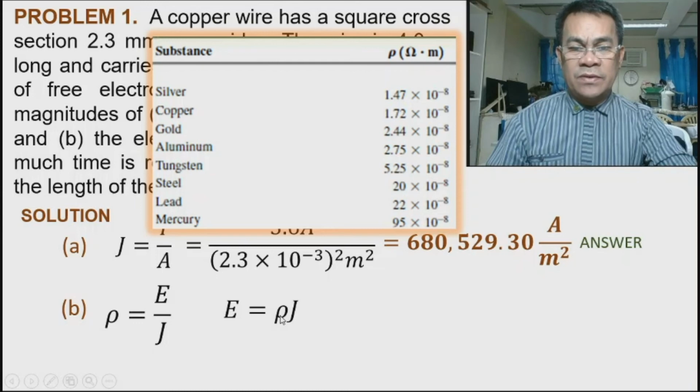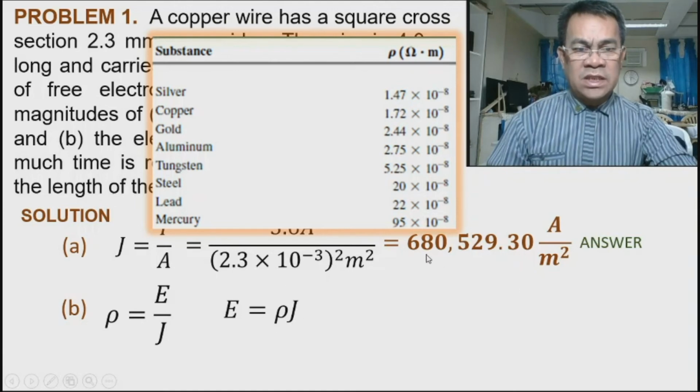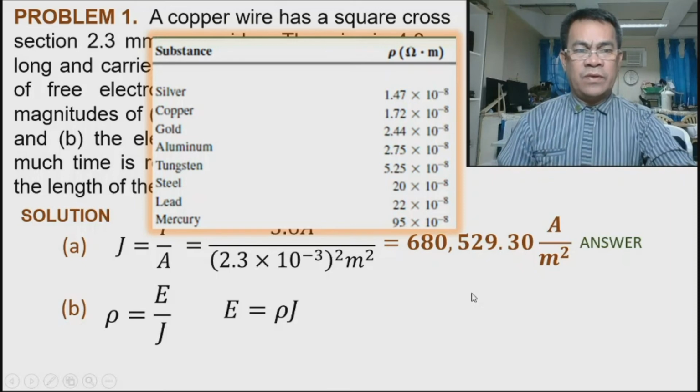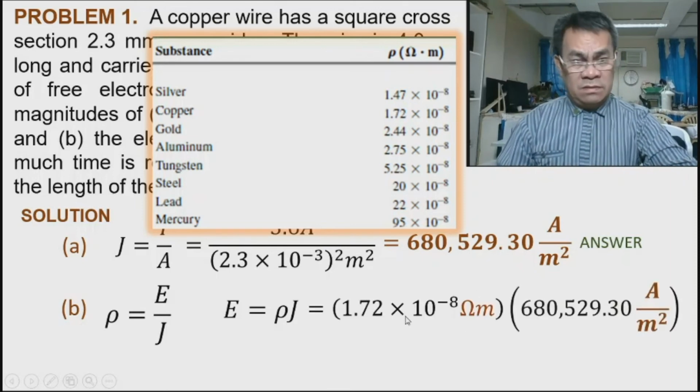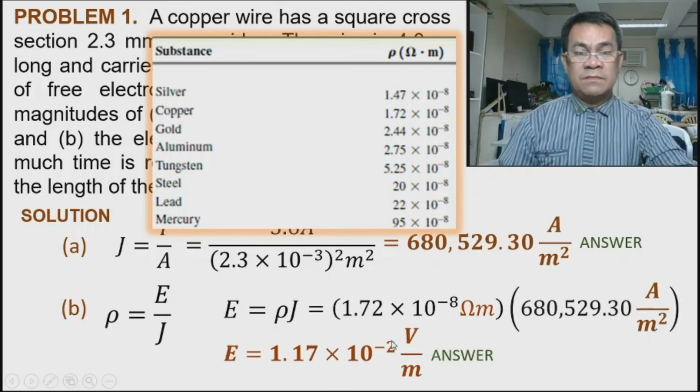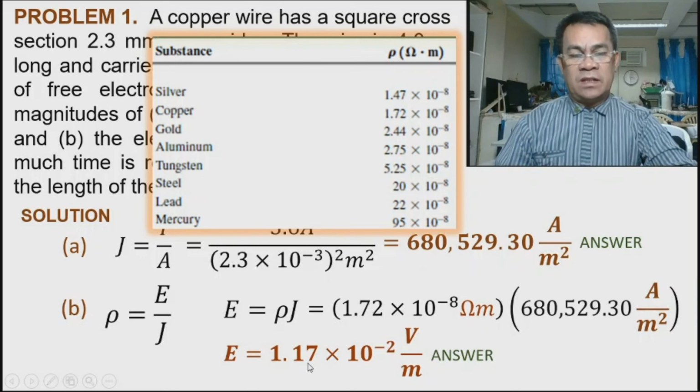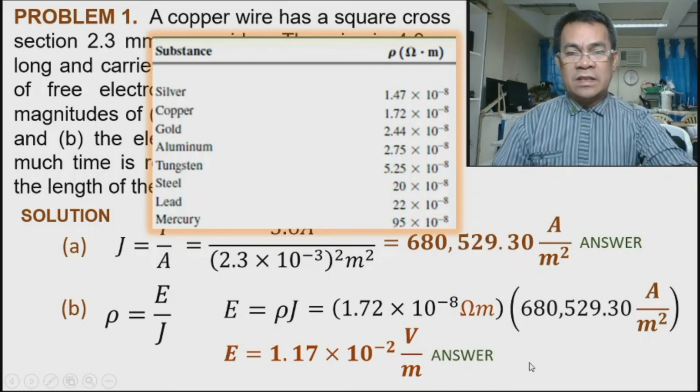So you have to use 1.72 times 10 raised to negative 8 here, and this J is 680,528.30. Then the result, the answer, is 1.17 times 10 raised to negative 2 volt per meter. This is the unit of the electric field. So this is the answer for letter A and letter B.